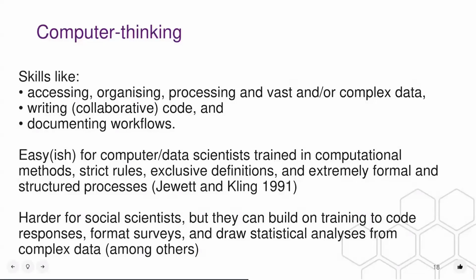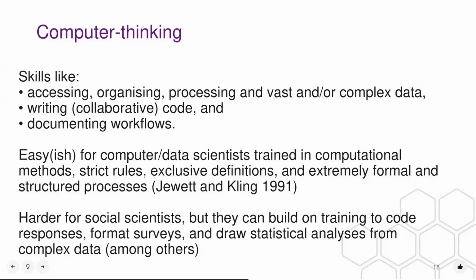A lot of times when you're working on a CSS project, you might be working with other people. So you're going to need to know how to write code and work on things together, and how to properly document your workflow, which is often a step that people do neglect. So these are all skills that computer scientists are going to be more familiar with, as well as data scientists who have been trained in computational methods.